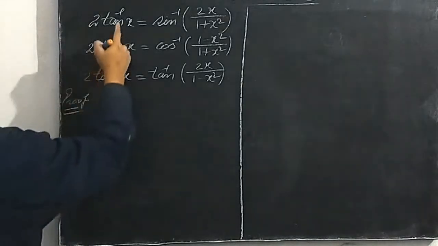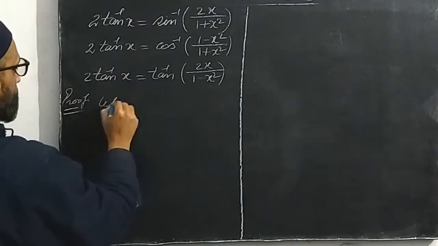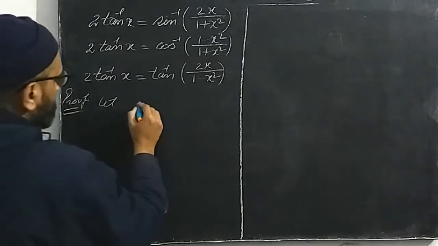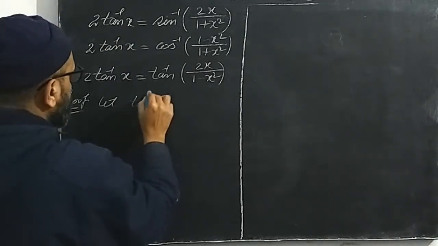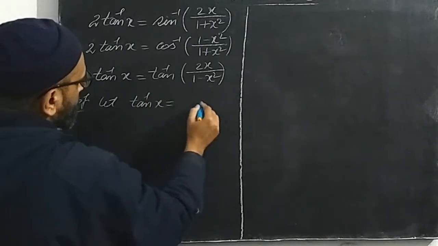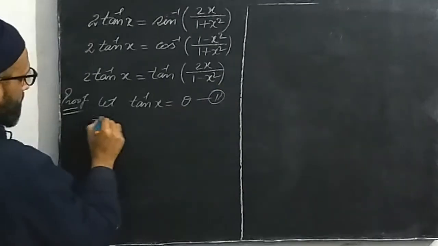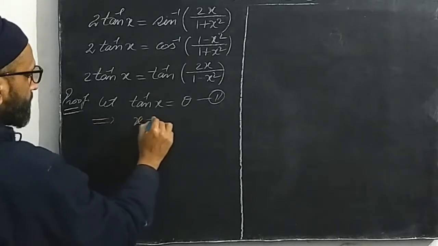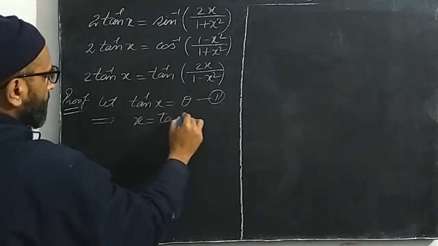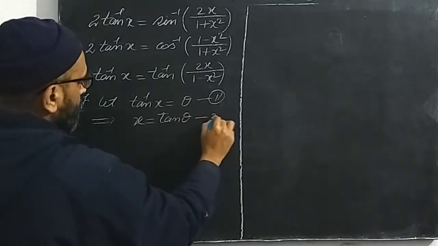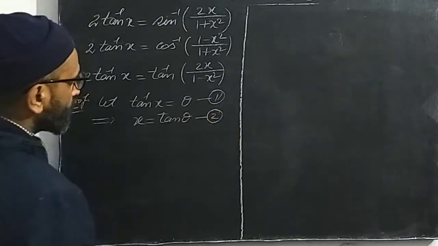Proof of the first one. For that, let tan inverse x be assumed as theta. Let it be 1, and it implies that x is equal to tan theta. Let it be equation number 2.